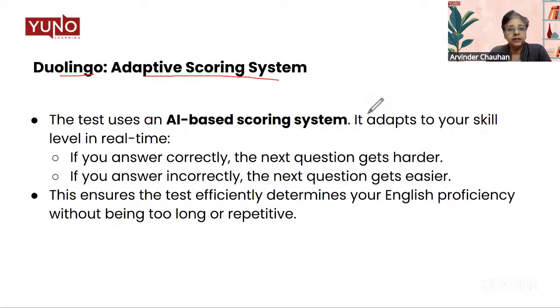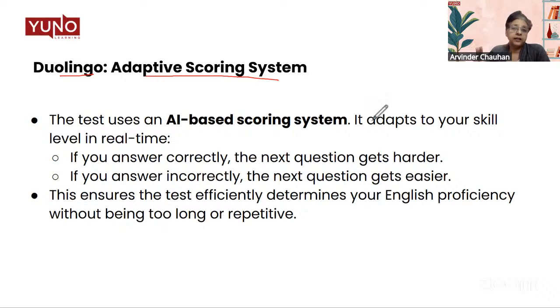Sounds really nice, but there's a catch to it: you will get a lesser score. If the AI has been forced to throw easier questions at you, it means you were finding it difficult to answer the regular questions. Hence, your level of language proficiency is lower than what is expected, and you would get a lower score.